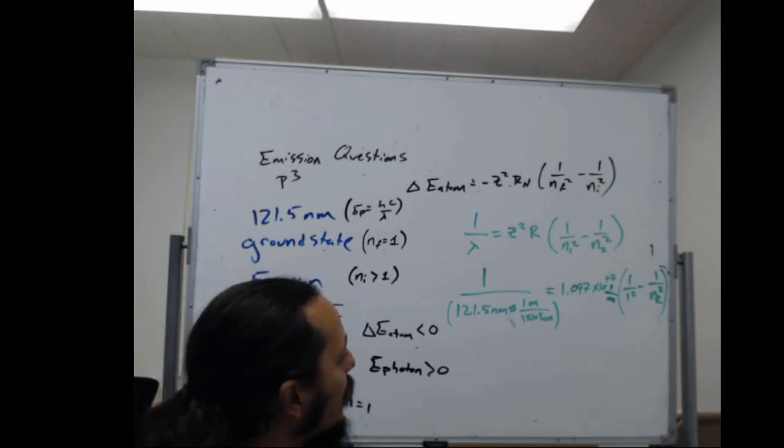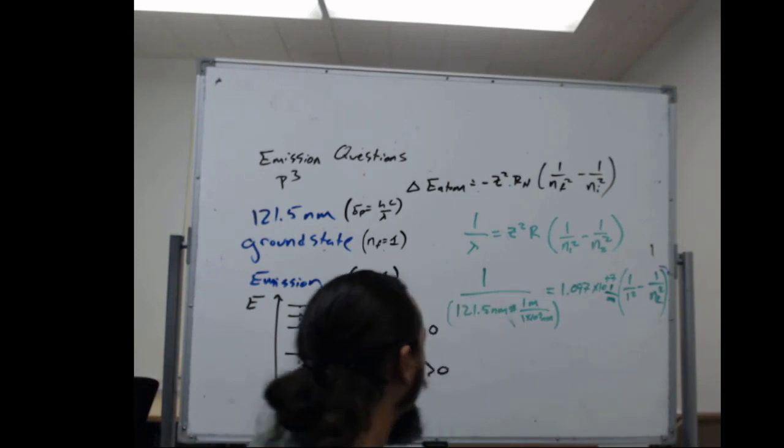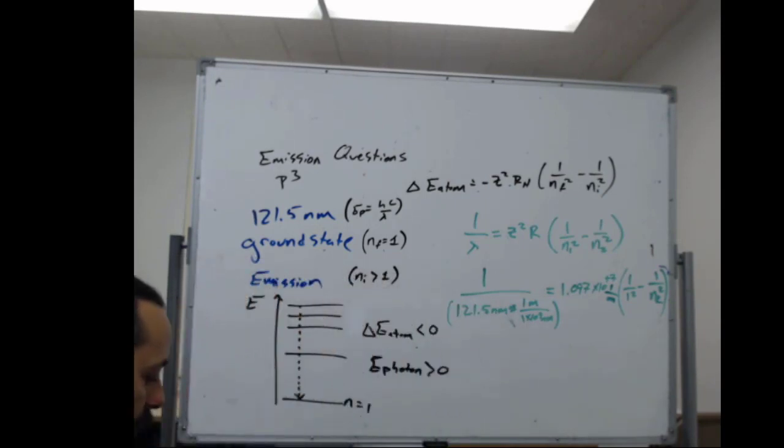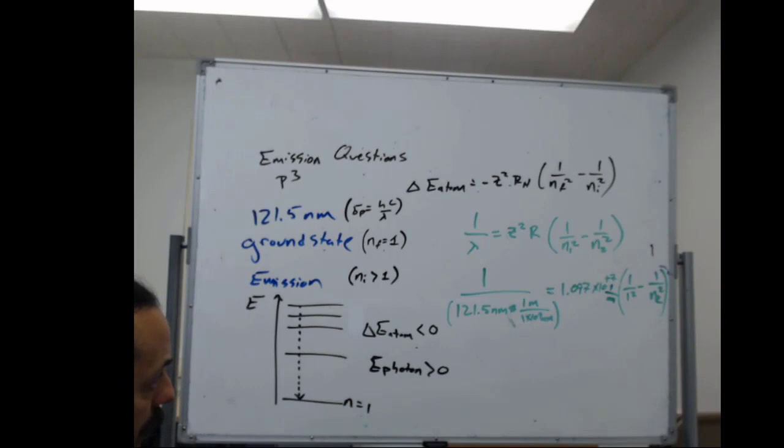Some calculator work. You might have different values than me, but let's go ahead and do some calculator work and see what we get. Inverse. Oh, I forgot to hit the inverse button. There we go.